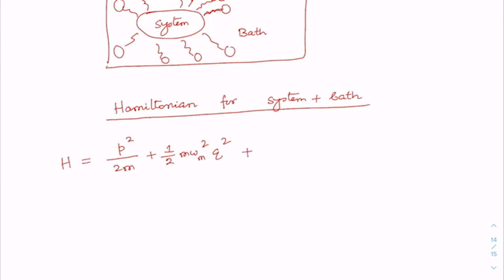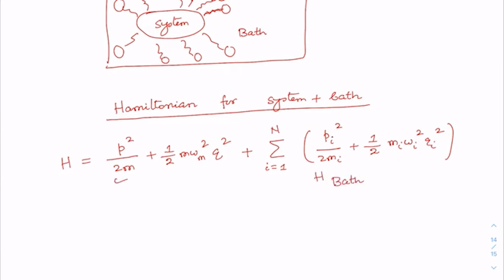The environment, or the bath, is now considered to be a collection of n harmonic oscillators, where all the oscillators have different momenta and different masses, and all of them are independent. So we have the sum of all of these, m i omega i square q i square, and this is the bath part of the Hamiltonian.